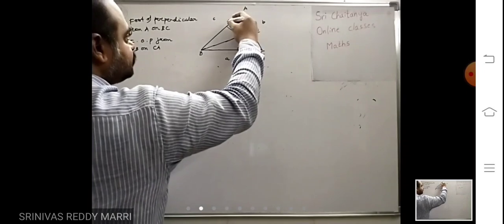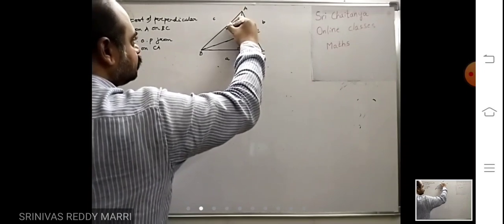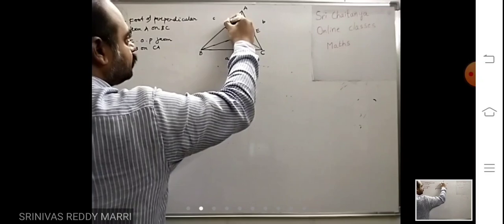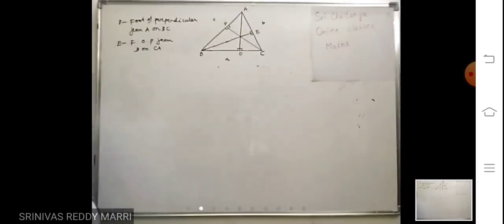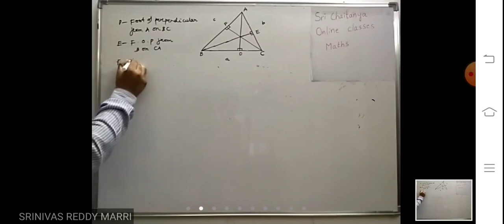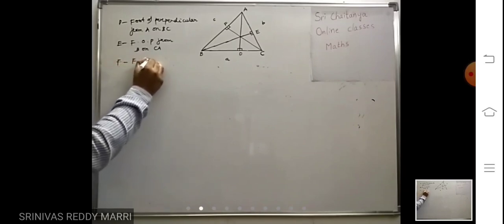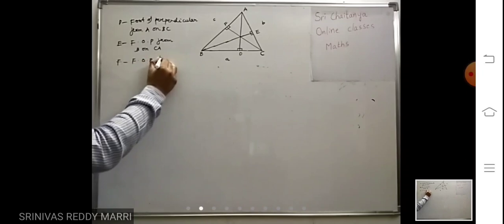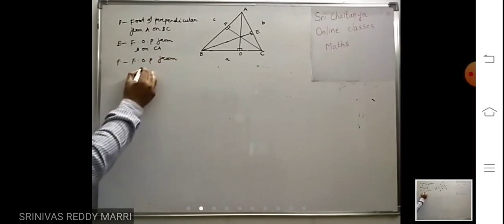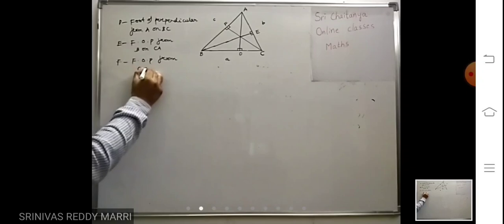So this is another altitude. F. Right? So therefore F. Foot of perpendicular from C on AB.